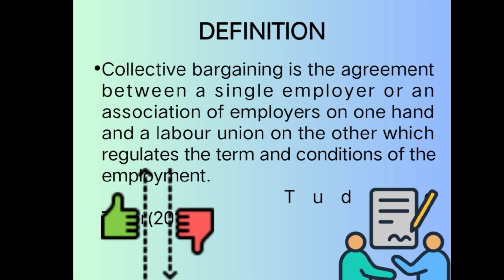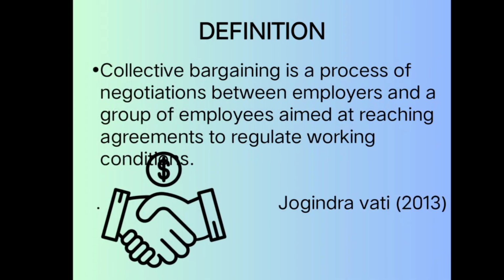So a group of employees who have a common interest or a common goal will join together and demand from the organization regarding their increment, whatever package they want, whatever benefit they want from the institution.